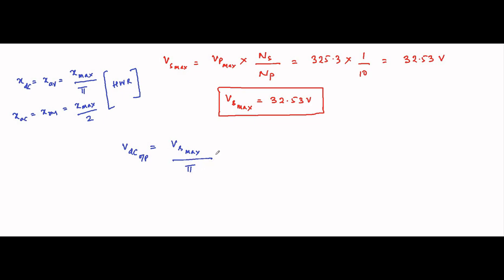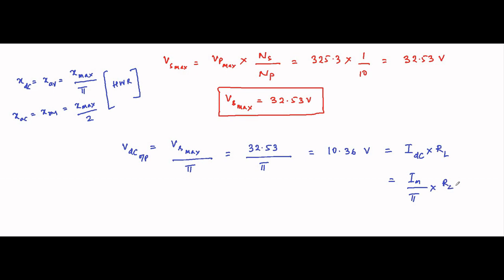So this is the VDC output, Vs max by pi, which is 32.53 by pi, coming around 10.36 volt. This is also equal to IDC into RL, or Im by pi into RL. Same result you will get.